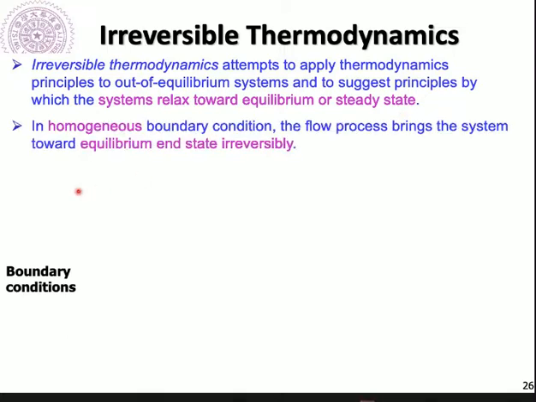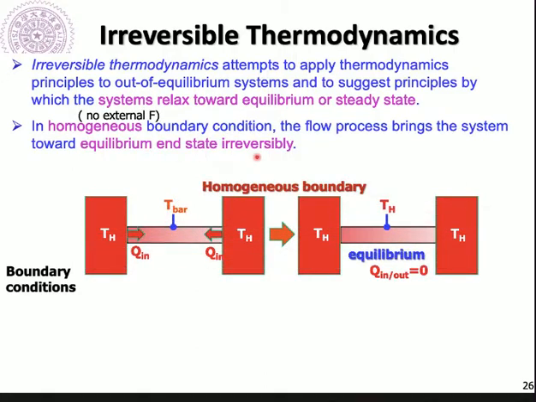Yes. If your system is under a homogeneous boundary condition, that will drive your system irreversibly toward equilibrium. For example, a homogeneous boundary condition means that in the beginning we have a metal bar and we put a thermocouple to measure the temperature at this location, expressed as T bar.